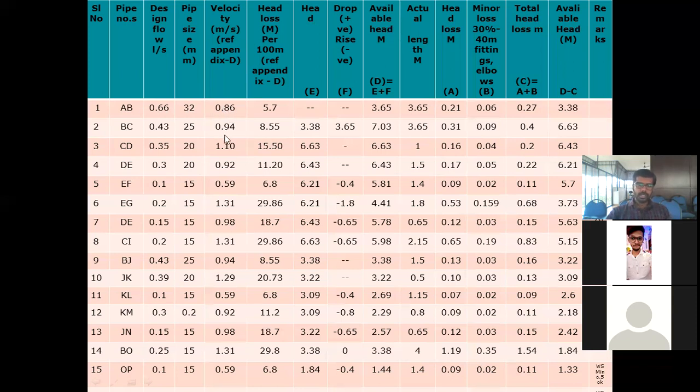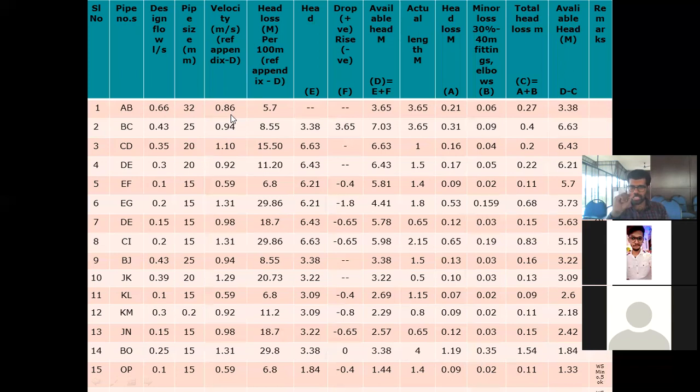So let's see what Kranti asked: what should be the velocity with respect to the chart. First, how you got the 0.8. 0.8 meter per second is the actual velocity we got, and here it is shown as 0.86.